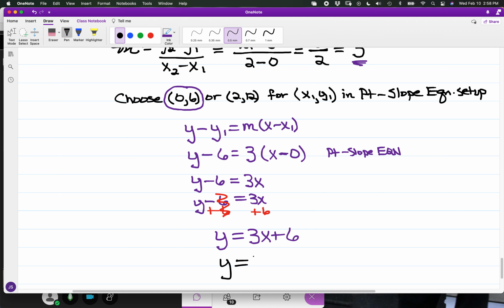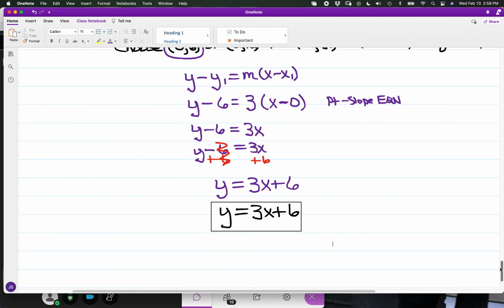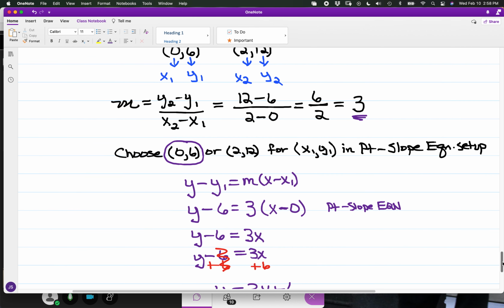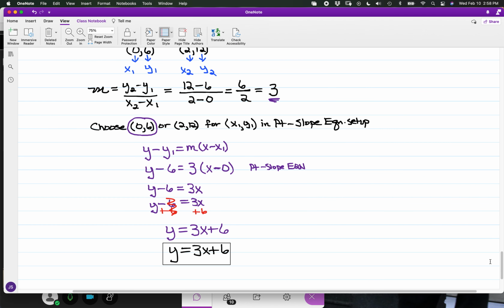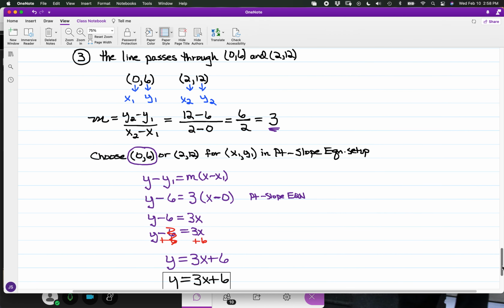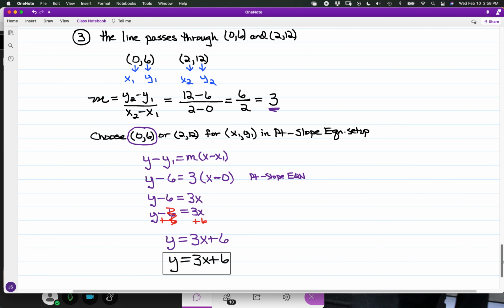And you can go back and check both of these ordered pairs. Again, we had the slope at 3. And guess what? For the y-intercept, this was our first given point, which we had at (0, 6). So just looking at what we have now, with (0, 6), y is 6 whenever x is 0. 3 times 0 plus 6 is 6. 6 is equal to 6.